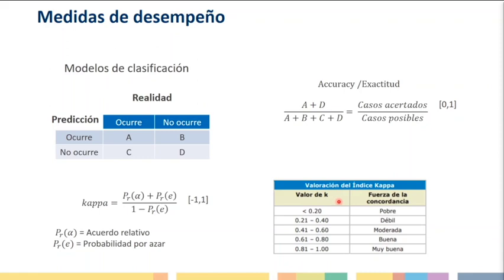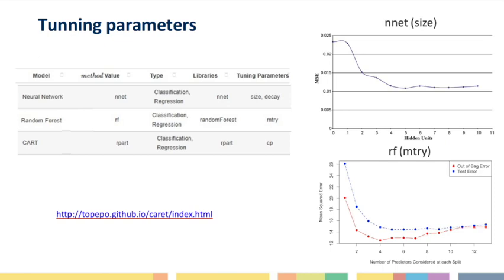To identify the best values of the kappa index, there are some suggestions. Among them, one states that a kappa index below 0.20 is poor, and it improves as it goes higher. A good situation would be a kappa index from 0.81 to 1.